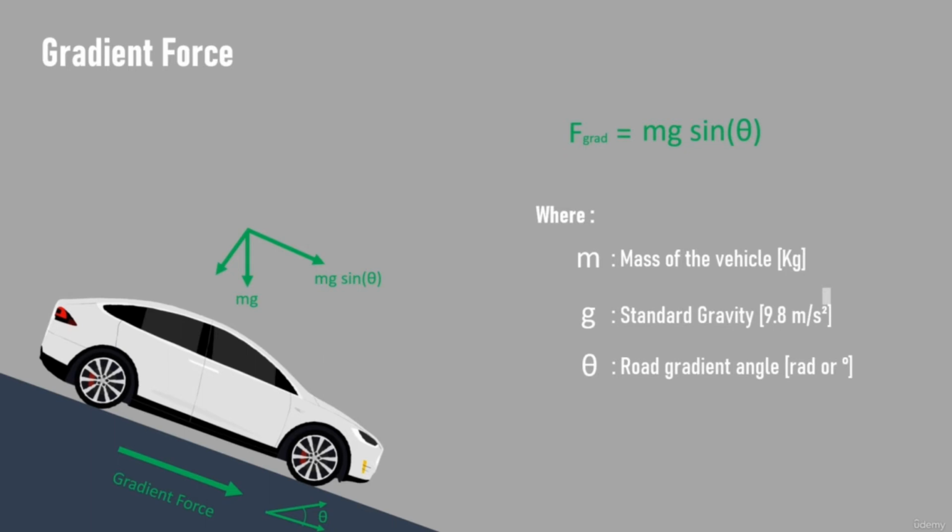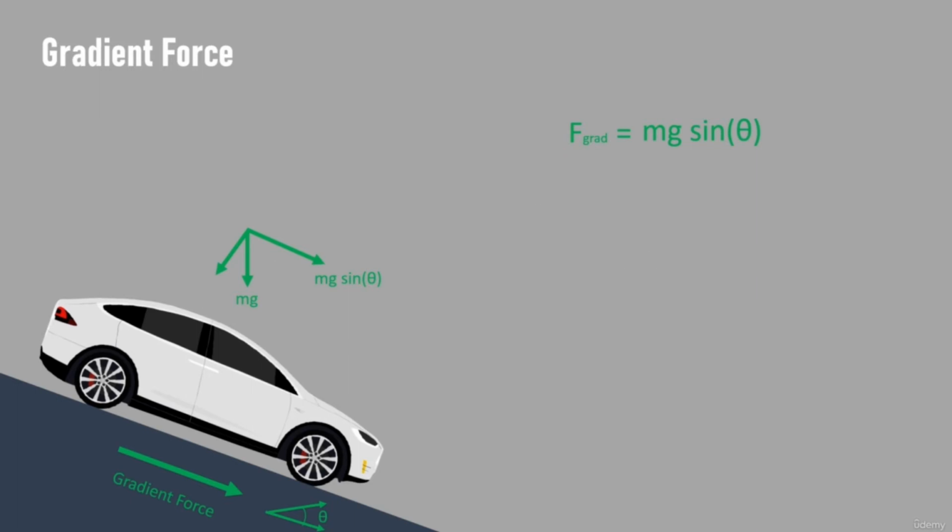The cosine component mg cosine theta contributes to the normal force and corresponding rolling resistance force. The gradient force and the angle theta are negative when driving downhill and positive when driving uphill. Road gradients are expressed as a percentage in terms of tangent theta and have a value typically between plus or minus 10%.